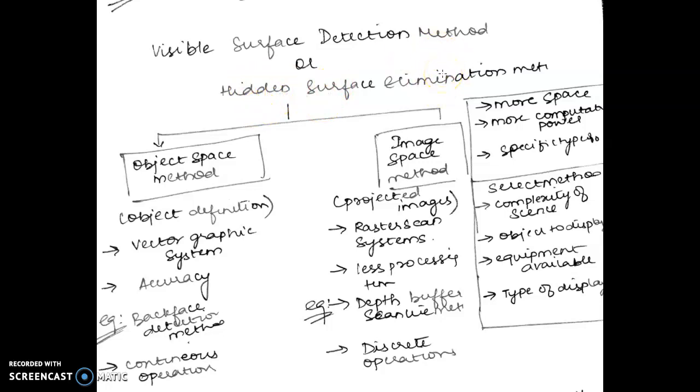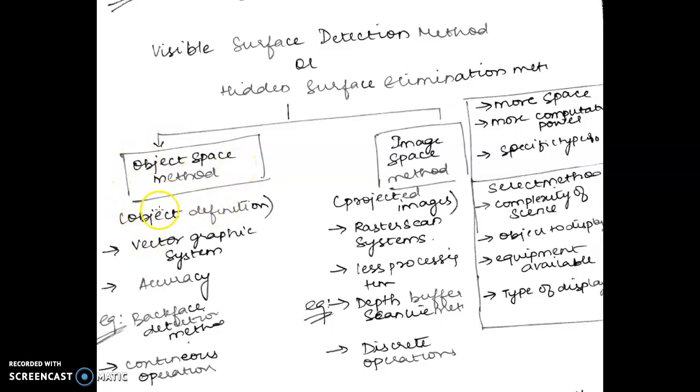There are two main types of hidden surface elimination method: the object space method and the image space method. What is the difference between them? First we'll see what the object space method is. In this method, all the application and attributes are directly defined for the object.